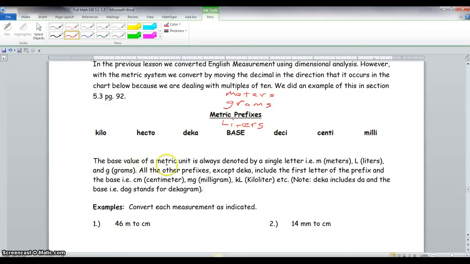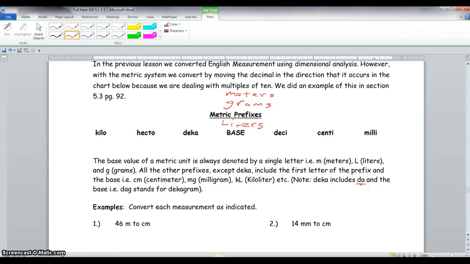Now it says the base values of a metric unit is always denoted by a single letter, like M for meters, L for liters, and G for grams. All the other prefixes except deca include the first letter of the prefix and the base, i.e. cm. So we have centimeters, so that C represents the centi, this M represents milli, and this K represents kilo, etc. Note, deca includes DA.